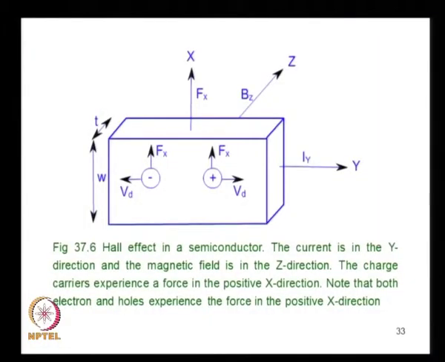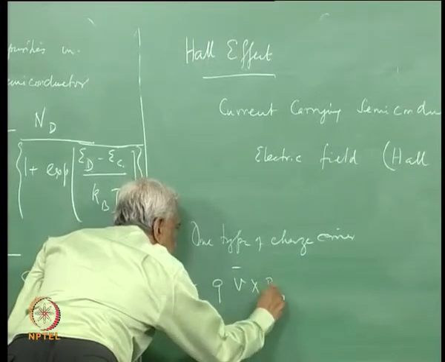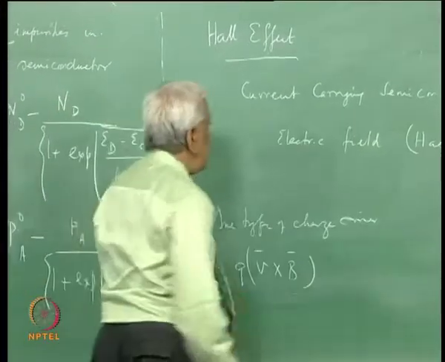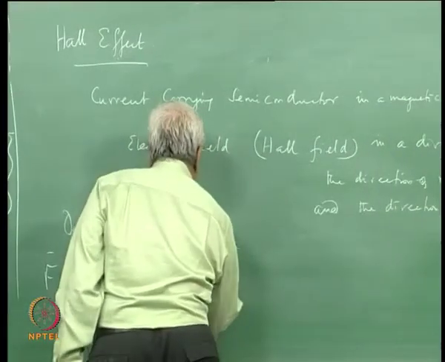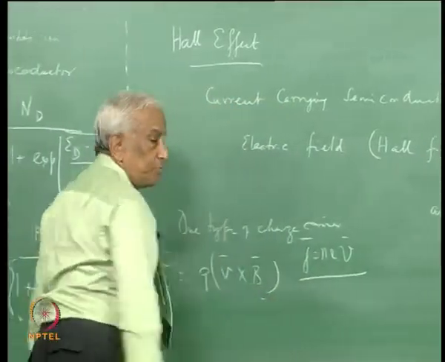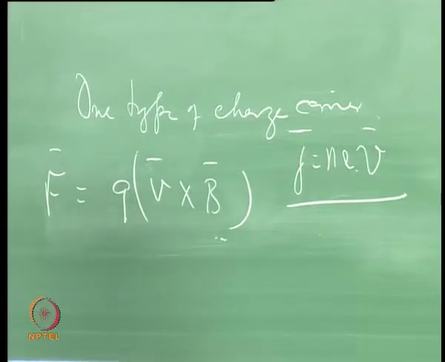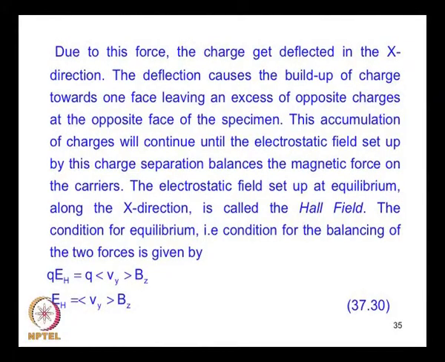Let us consider a configuration which is shown in the figure here, where the field and the current configurations are shown, and one can straight away, using the Lorentz force law, F equals q v cross B, where v is that of the current, and you have a B direction. So, the lateral force can be readily calculated, and therefore, the Hall field can be calculated.